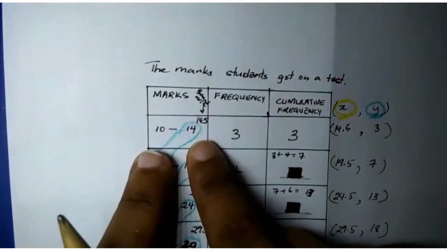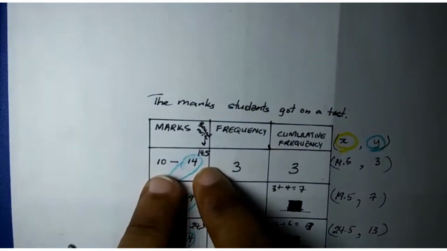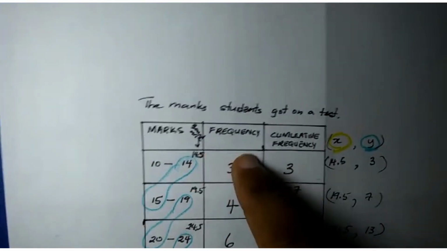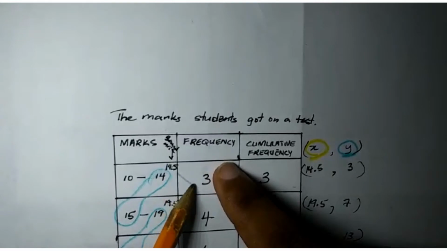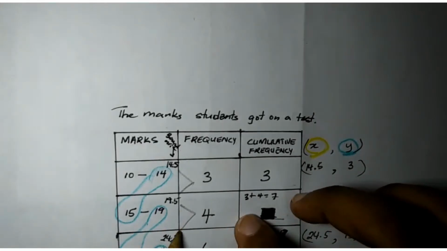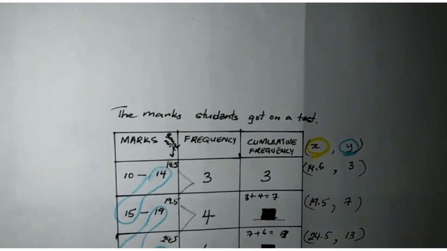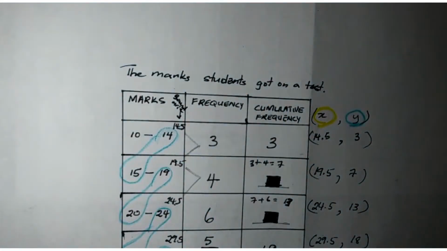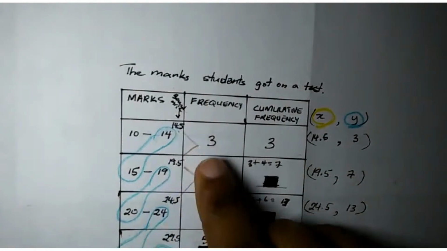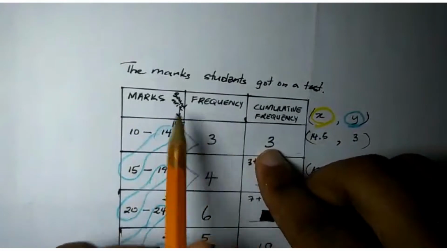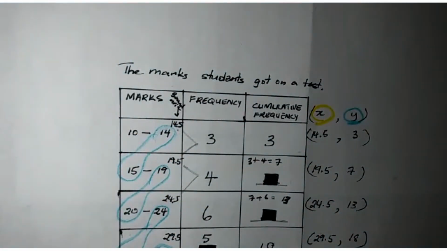Let me look back at our cumulative frequency table. If I was supposed to think about the class that's supposed to come before this, or the boundary that is supposed to come before this, notice what number do I add to 14.5 to get 19.5? What number do I add to 19.5 to get 24.5? When you check it out, it's the difference between them, which is 5. So I need to subtract 5 from 14.5 to tell me what the previous class would have been if it had existed.